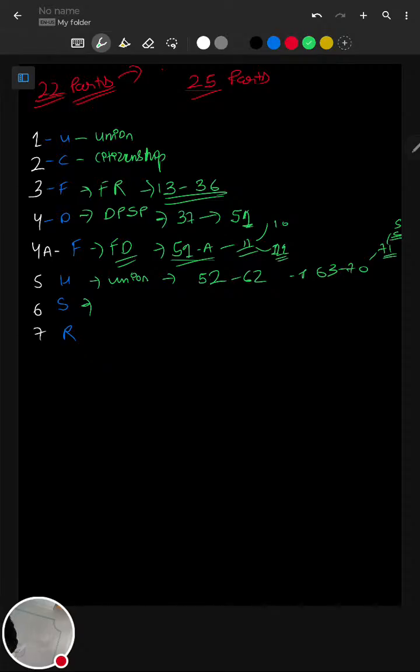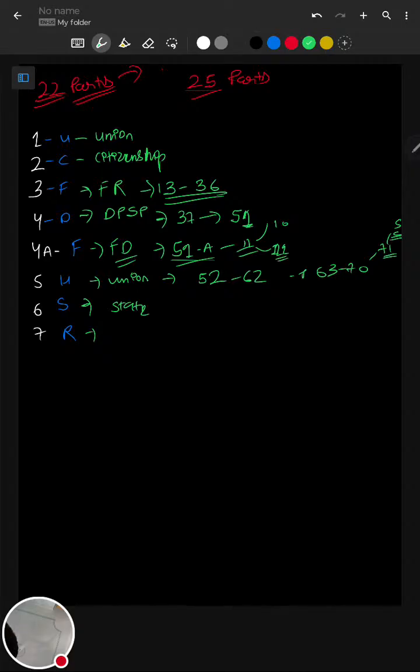Then the S is your state. Then R is repealed. Repealed was the land one, the zamindari system. This got repealed, I think so, that got repealed.